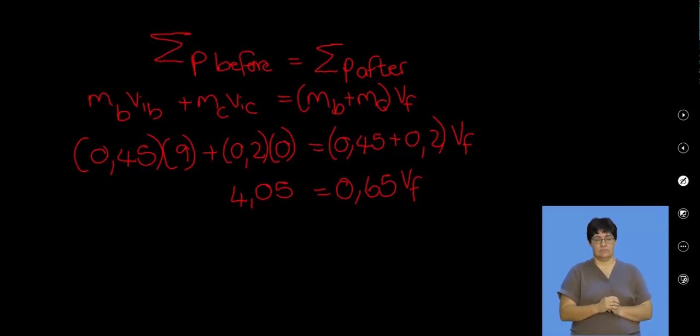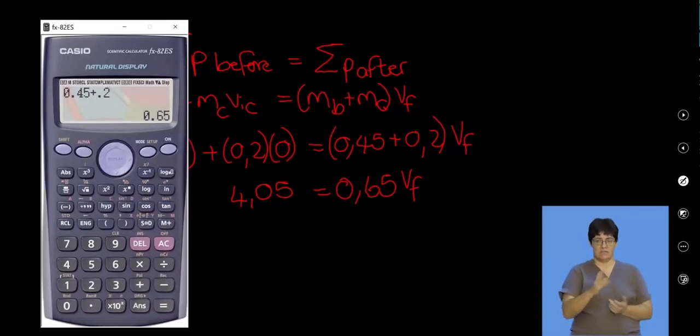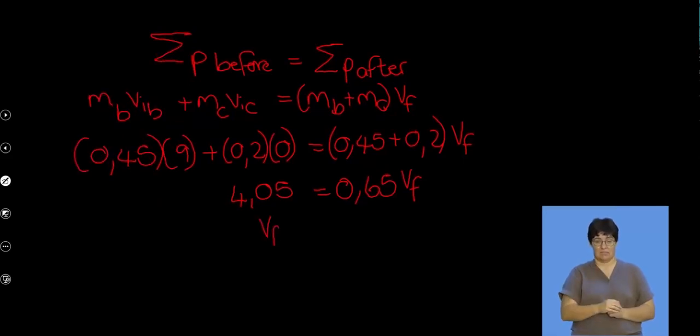Solving for vf, I now divide both sides by 0.65, so it's going to be 4.05 divided by 0.65, yeah, there we go. And we get 6.23, 2 decimal places, okay? So vf is 6.23 meters per second.